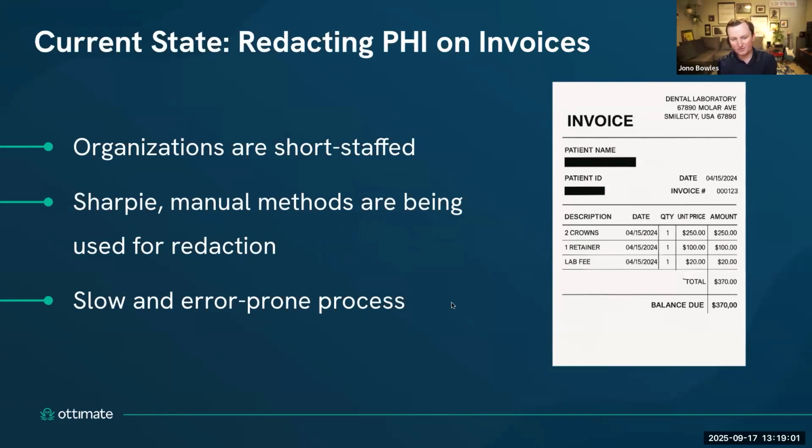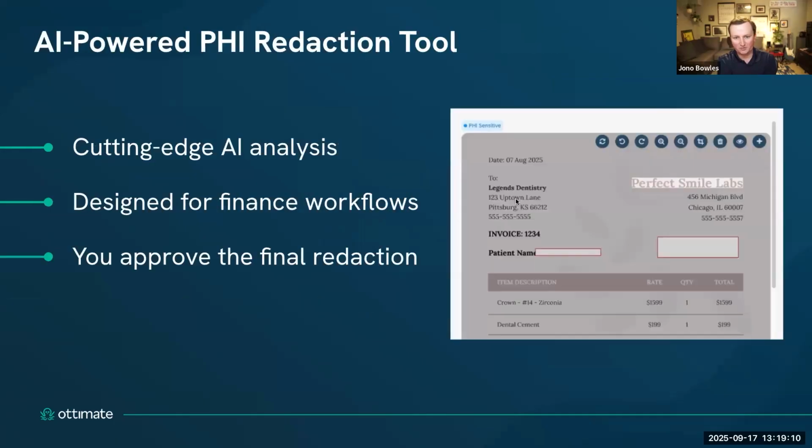So excited to talk a little bit about what we've done with our recent release. So we launched the first AP specific PHI redaction tool at Ottimate. We saw the finance teams needed a solution designed for their workflows and not just a clinical overlay. So it's an AI-powered approach, and it automatically identifies and permanently redacts PHI from invoices.